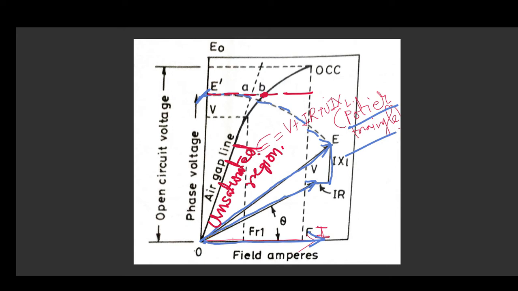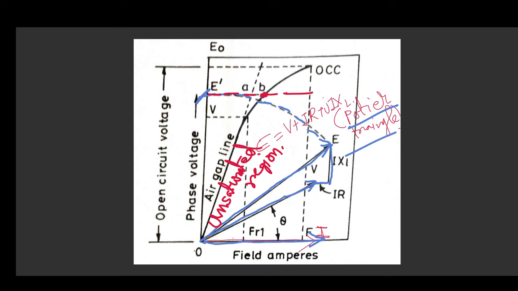So how we can do so is that, now this unsaturated part is having a slope, right?